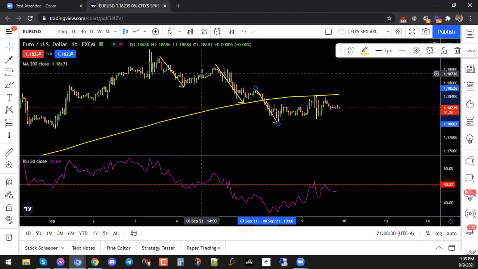Okay. If we're looking at this as a downtrend, what part of this market are we going to be looking at getting involved with? The best parts of the market are in the US session and the European session. So definitely those are the sessions that you should be looking to get into the market at.